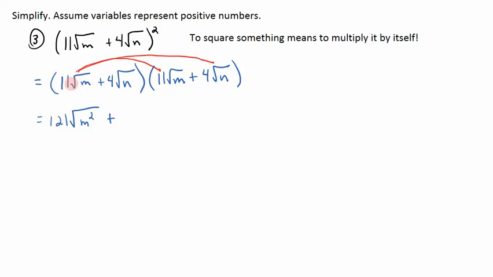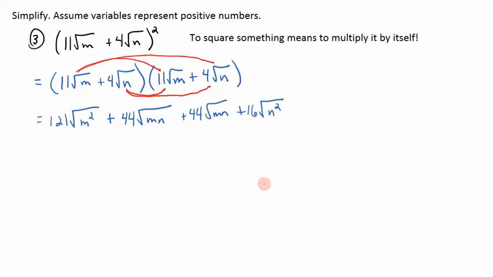Plus, then I distribute my 11 square root of m to the 4 square root of n, giving me 44 square root of mn. And now I distribute my 4 square roots of n to give me 44 square root of mn again. And I distribute my 4 square root of n to another 4 square root of n, giving me 16 square root of n squared.